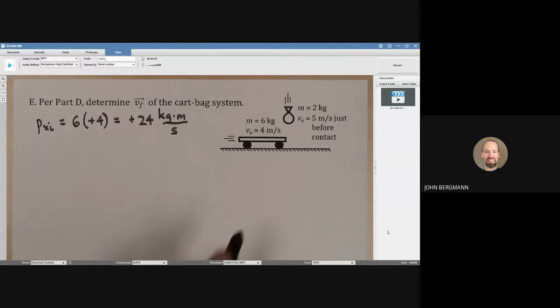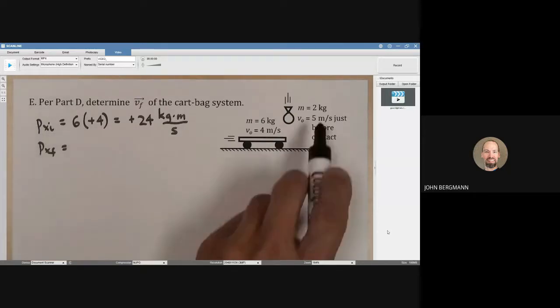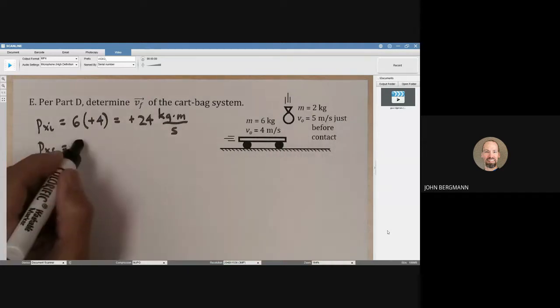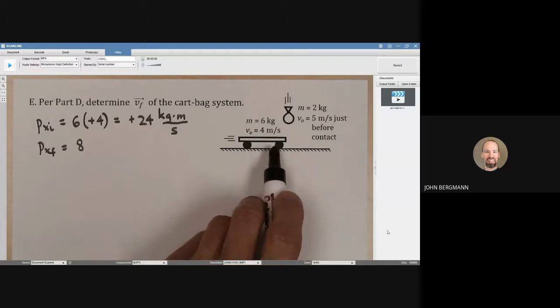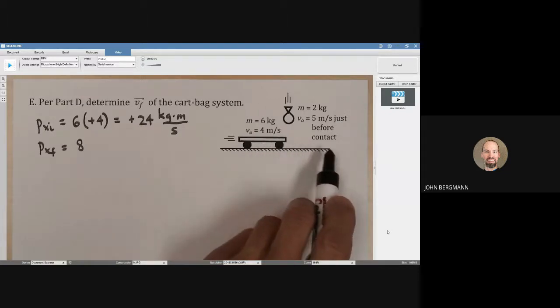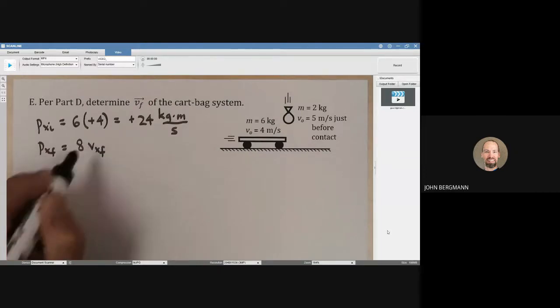At the end, this bag has landed on the cart, and so the total mass is going to be the sum of these, 2 plus 6, so that's 8. And this cart and bag system are going to continue proceeding to the right with some x velocity. I'll call it Vx final.